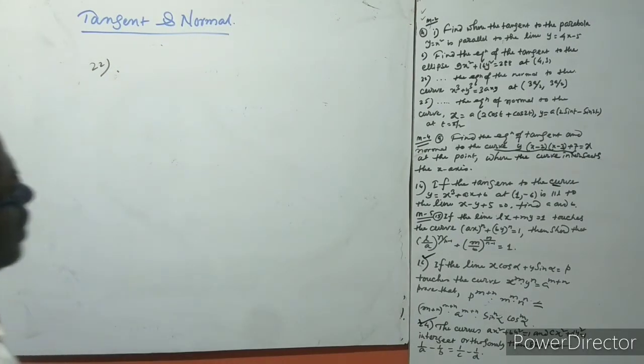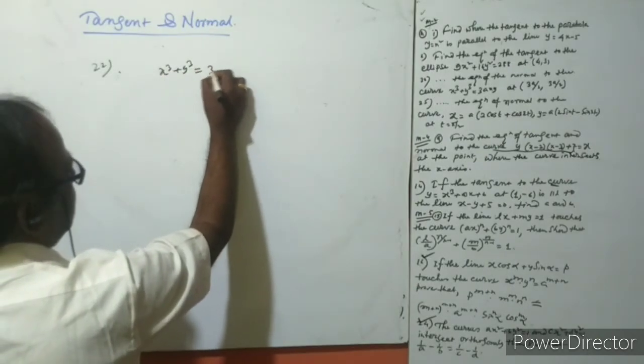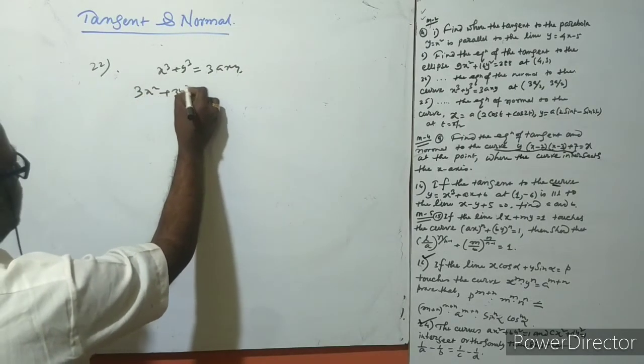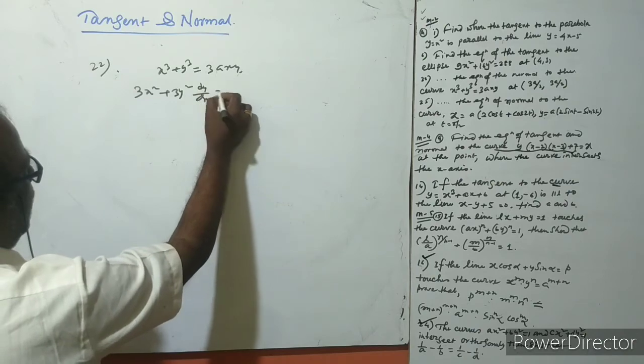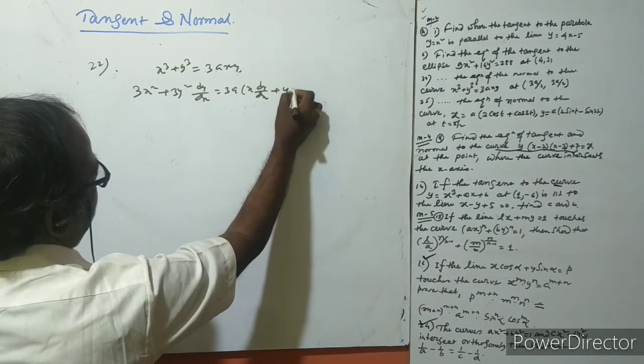See, find the equation of the normal to the curve at the point. So we have to find the slope of the tangent. The curve is x cubed plus y cubed equals 3axy. Differentiate: 3x squared plus 3y squared dy/dx equals 3a into (x dy/dx plus y into 1).